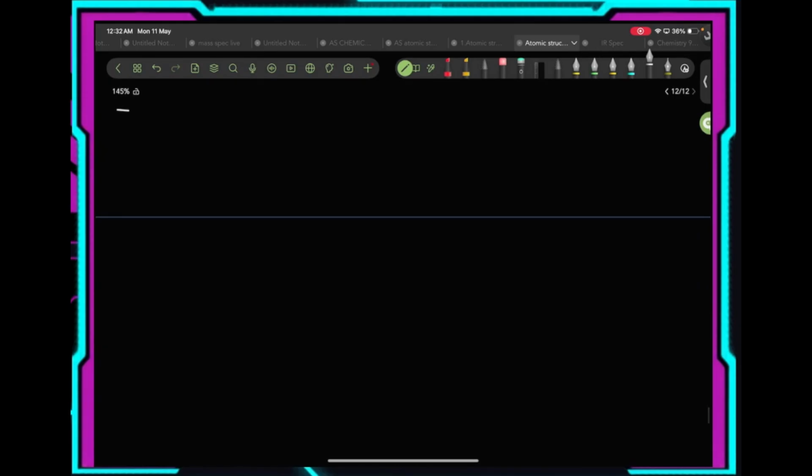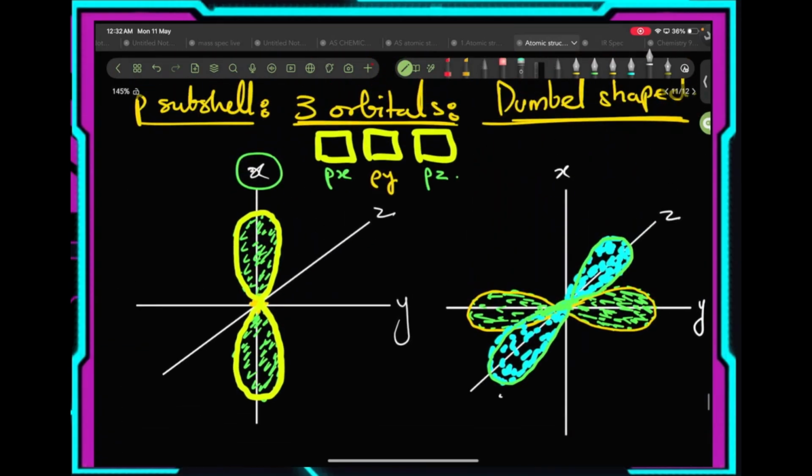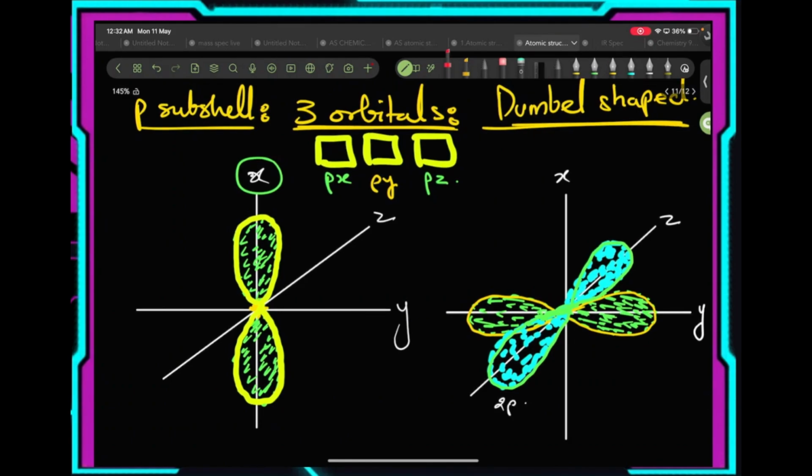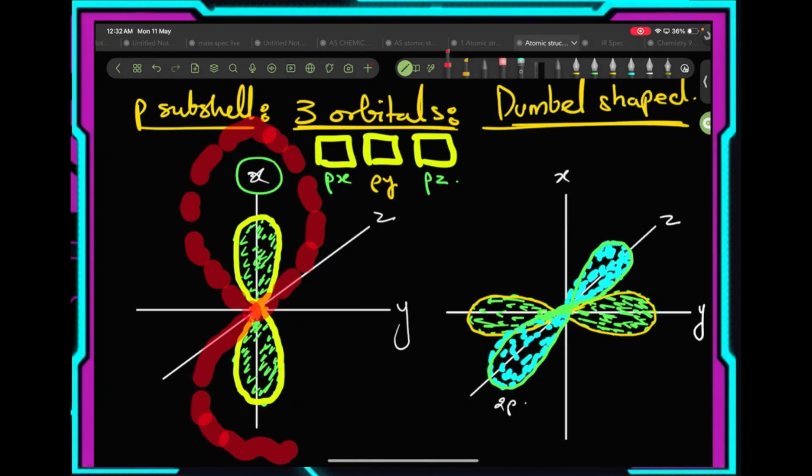Let's move on to, exactly, yeah. If this is 2p, 3p would be larger than this. Like for example, I'll draw it on the x-axis one. If you had 3p, I'll draw it with a highlighter. 3p would have been even larger than this, but it would still have a dumbbell shape.